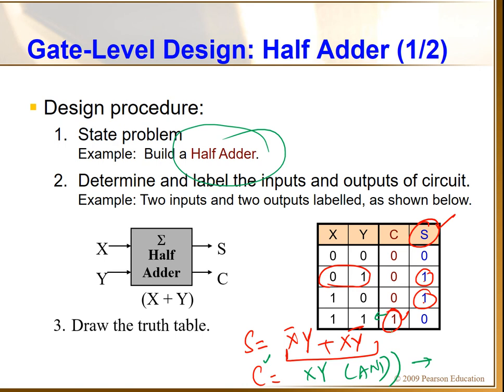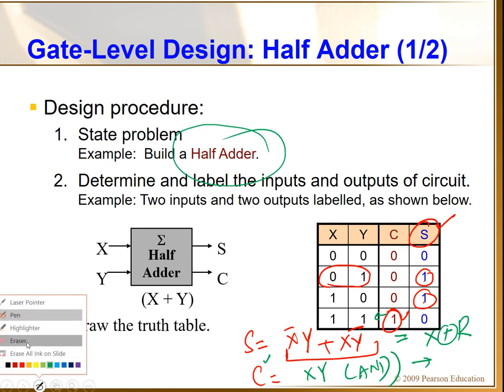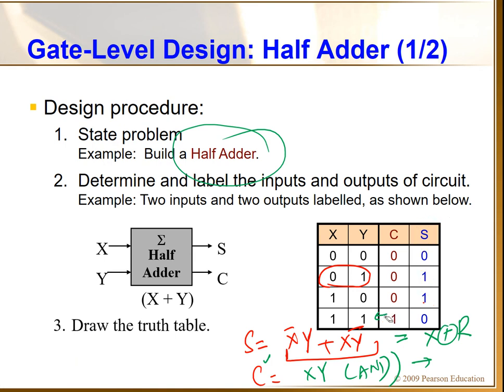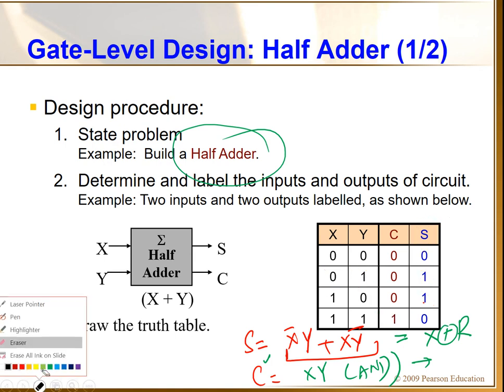So if you guys remember from the earlier chapter, what is this thing? This is basically the XOR implementation of X and Y. So if you just use the XOR operation, for example, look at this table.